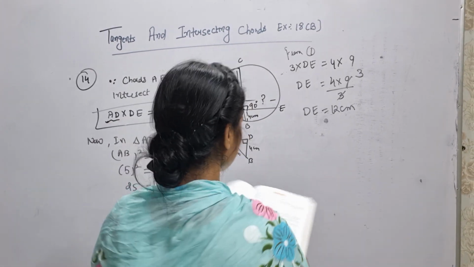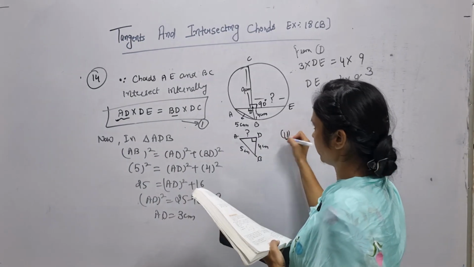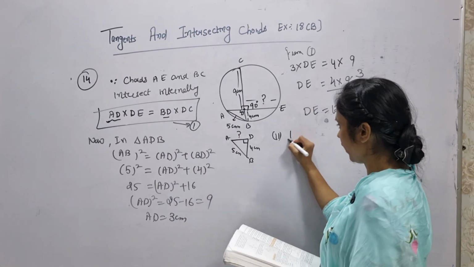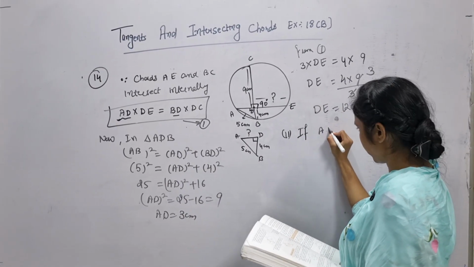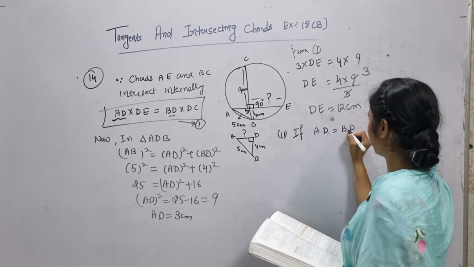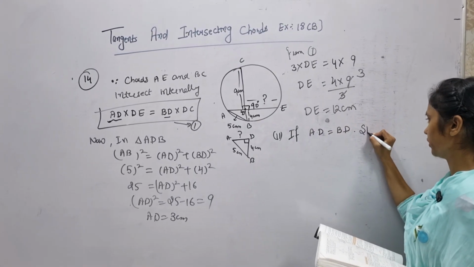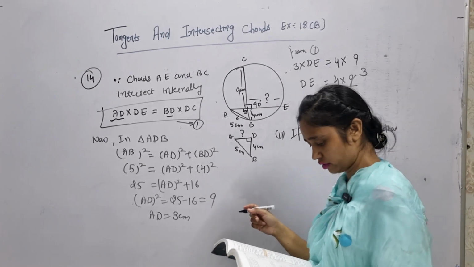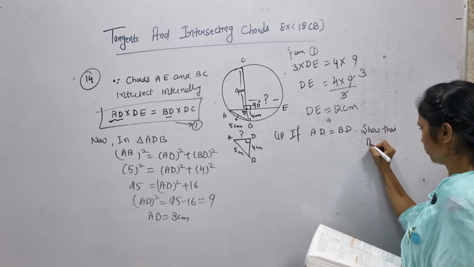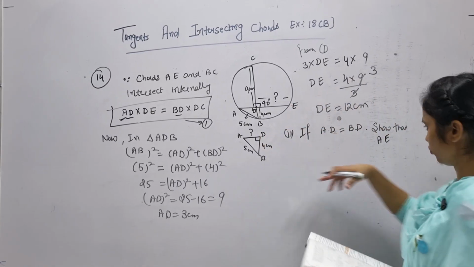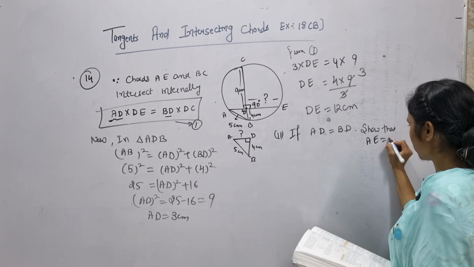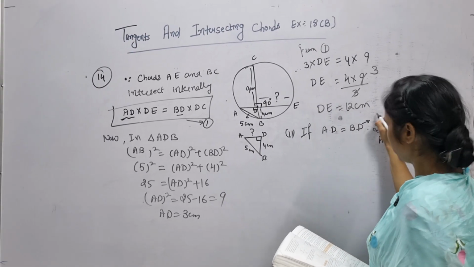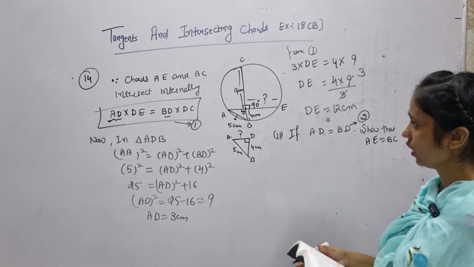The second part is to prove: what they said in the second part is, if AD is equal to BD, then show that AE is equal to BC. So this is a prove-that type of sum we'll do here. Write it as equation number 2, AD equals BD.